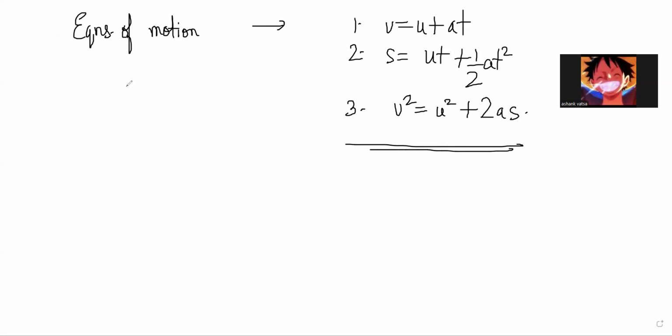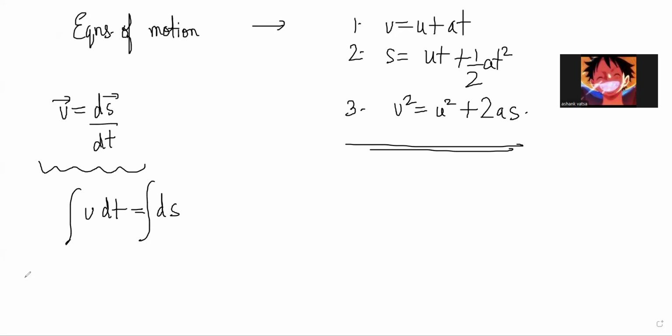For example, we know that the meaning of velocity is rate of change of displacement with respect to time, right? Yes. So since it's ds by dt, we can say v dt is equal to ds, and integrate both sides.